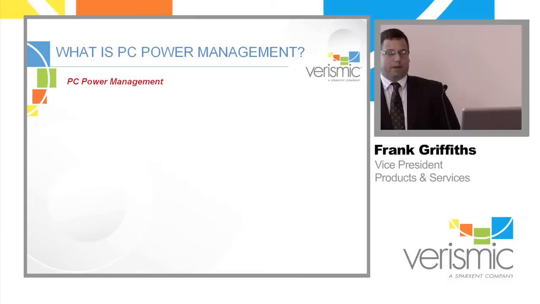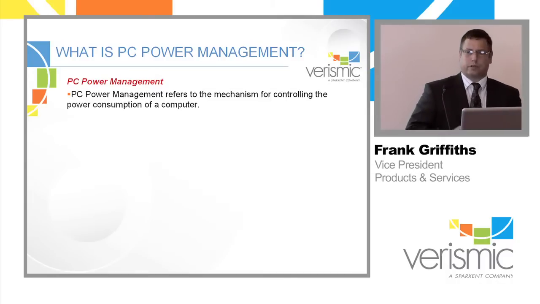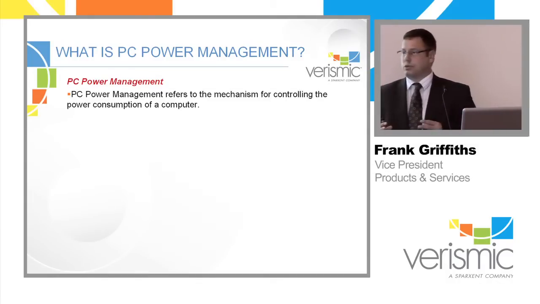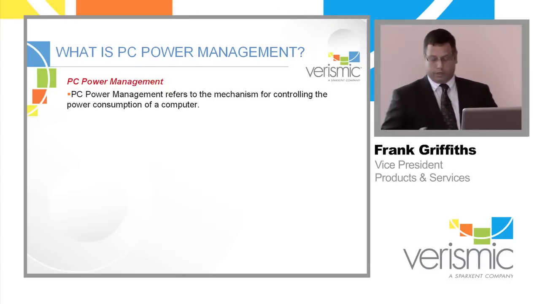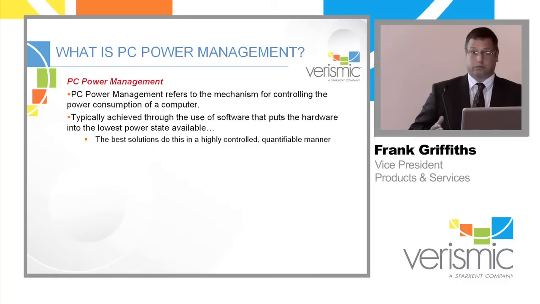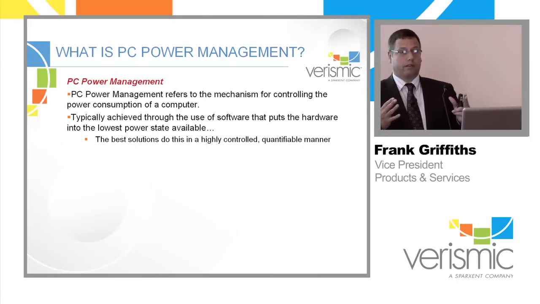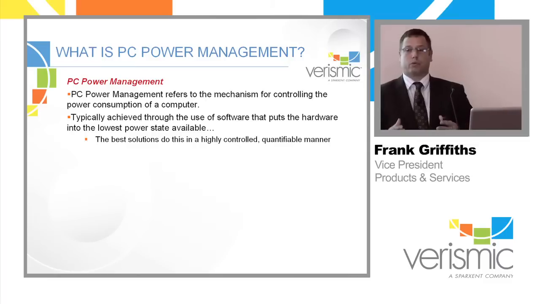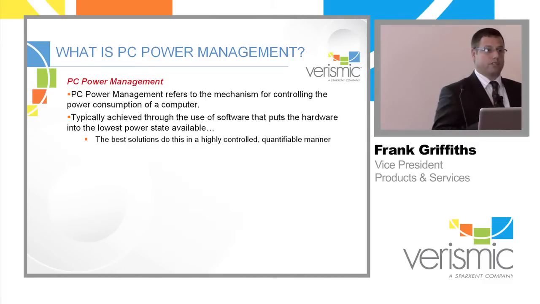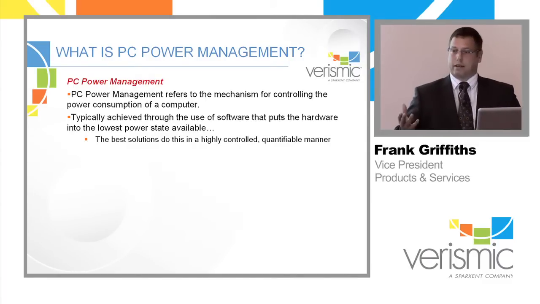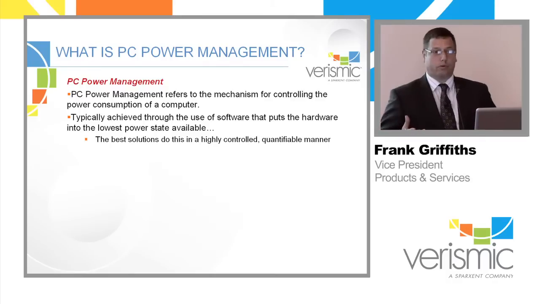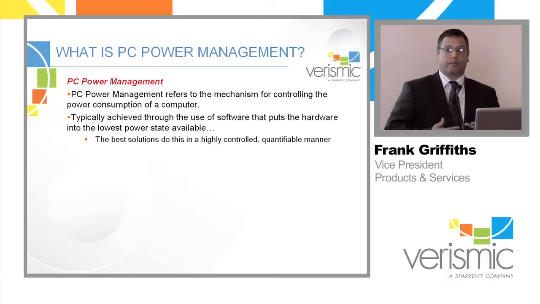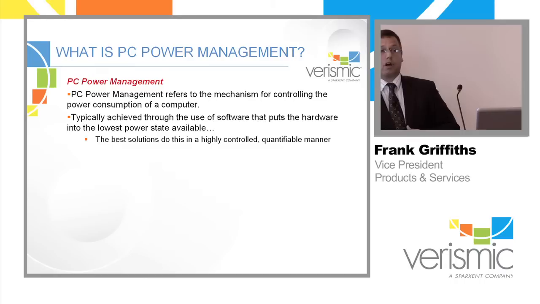So what is PC power management? PC power management refers to the mechanism for controlling or reducing power consumption on a computer. Typically, that involves taking the machine from a fully working state into a state where it's using less power. The best solutions do this in a highly controlled and quantifiable manner. And what I mean by quantifiable, it means that you can measure the reduction and you can present that back in the form of eye-catching reports, which actually mean something, both in financial savings and carbon reduction.